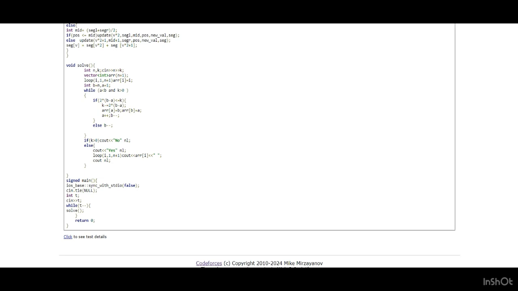Suppose this condition becomes false, then we will decrease the pointer which was pointing to the maximum, and we will keep repeating this process until the two pointers cross each other or the value of k becomes 0. If the value of k is greater than 0, the output will be no, or else the output will be yes, and we will print the array.